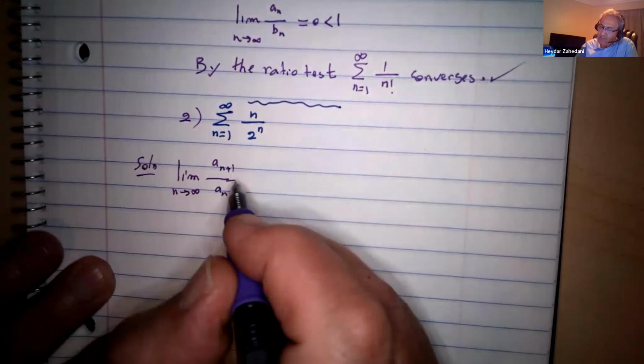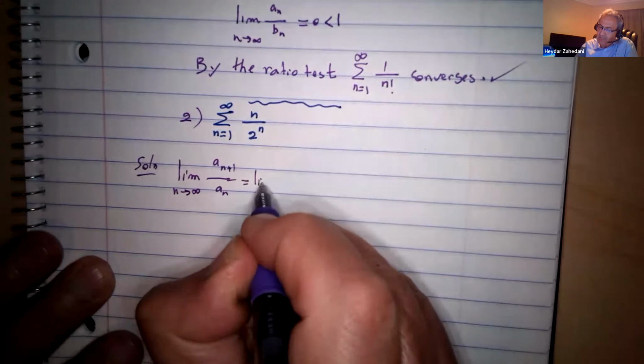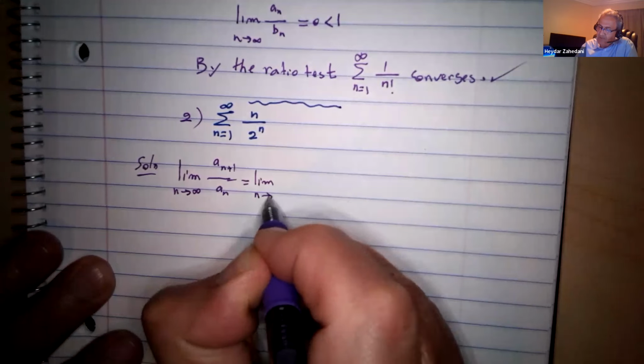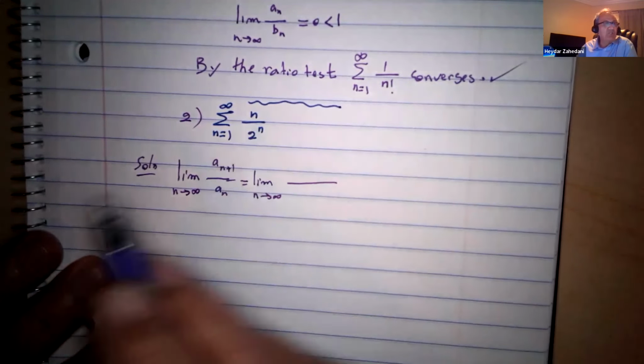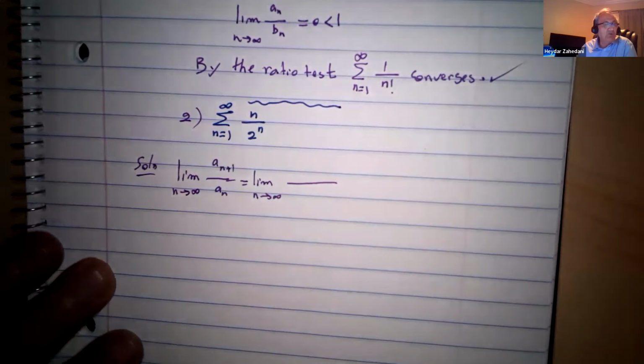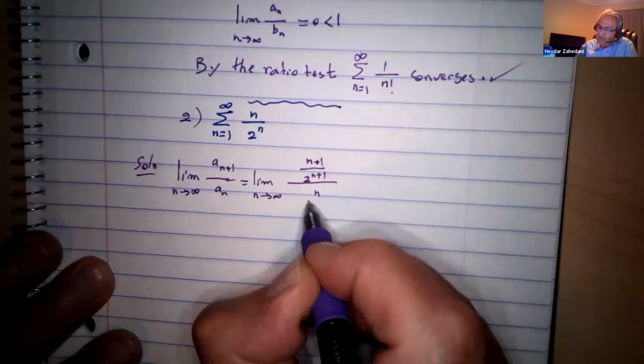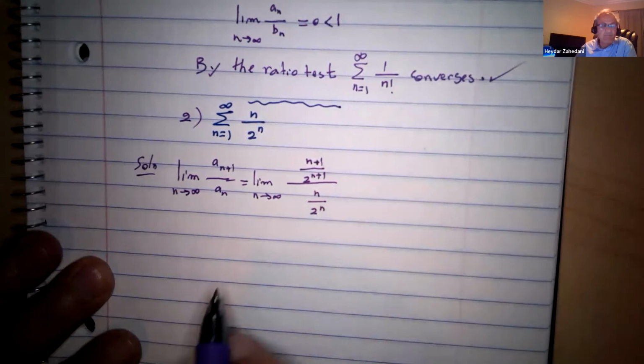So we're going to check this one. It's going to be equal to the limit as n goes to infinity. For a n plus 1, you change all the n into n plus 1. So that gives n plus 1 over 2 to the n plus 1, and this is repeated with n over 2 to the n.